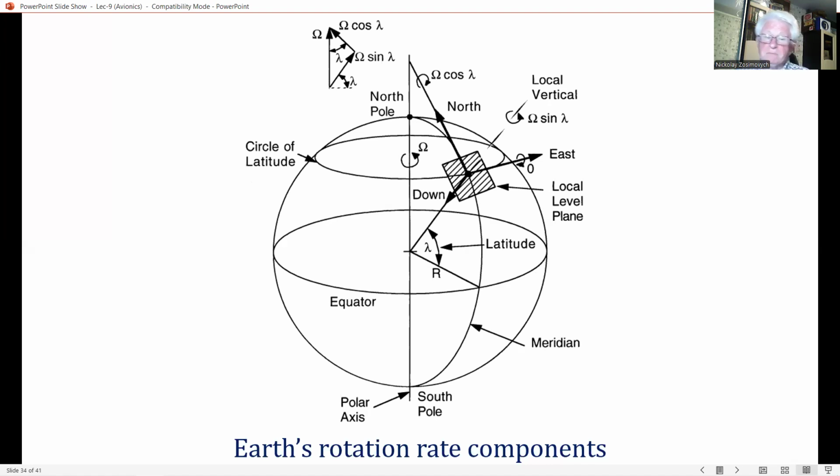This is sensed by the accelerometers and enables the local vertical to be determined. Second, Earth's angular velocity vector. This can be measured by the gyros, provided they are of sufficient accuracy, and enables the aircraft heading to be determined by a process known as gyrocompassing.